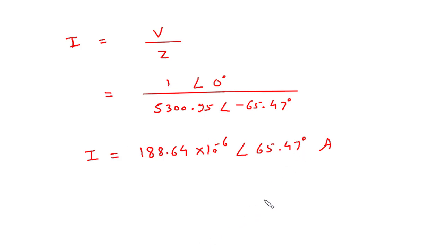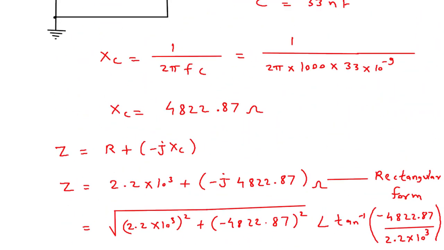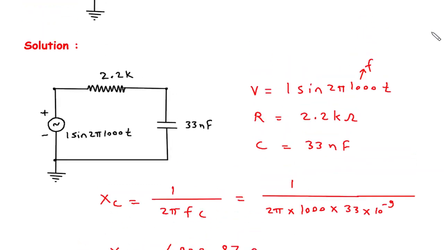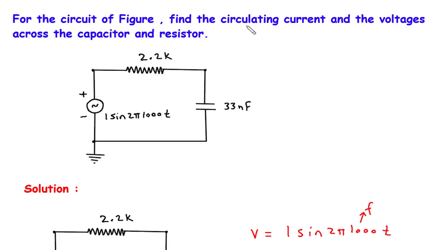Now we have the value of current, we have the value of voltage, and we also have the value of impedance. Now what we have to find in this question is the circulating current and the voltages across capacitor and resistor.